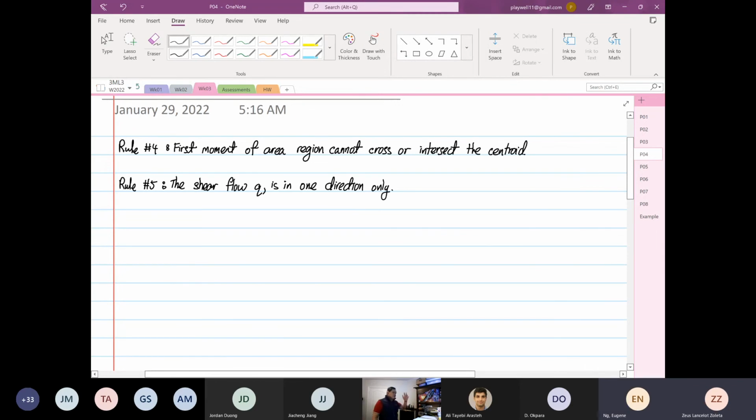It either can be coming down or it can be going up. You cannot have a structure that has down and up. Otherwise, this solution that we just derived will absolutely fail. So what do I mean by the first moment of area cannot cross the centroid?